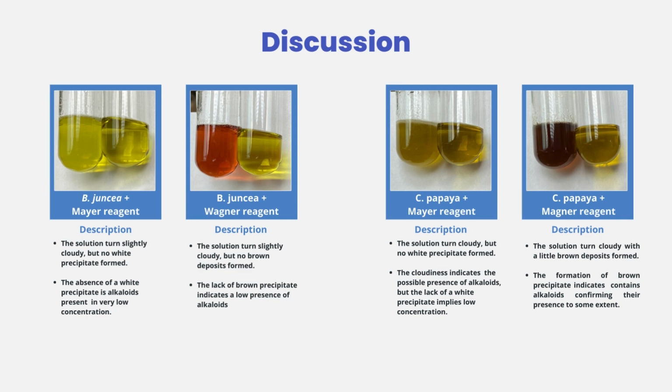Meanwhile, for the Wagner reagent test, the solution turned cloudy with a little brown precipitate forming. The formation of brown precipitate, although minimal, indicates a positive reaction for alkaloid. This suggests that papaya contains alkaloids that react with Wagner reagent, confirming their presence to some extent.